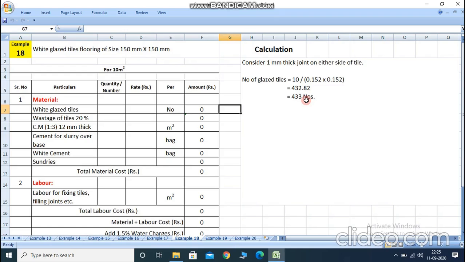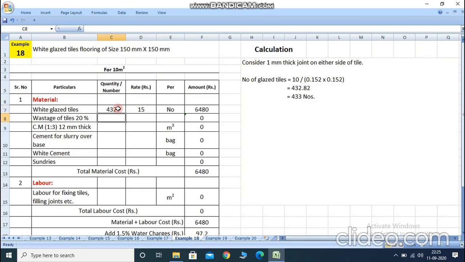Now let's write here the total number of glazed tiles required, and as per the textbook the rate per glazed tile is 15 rupees.